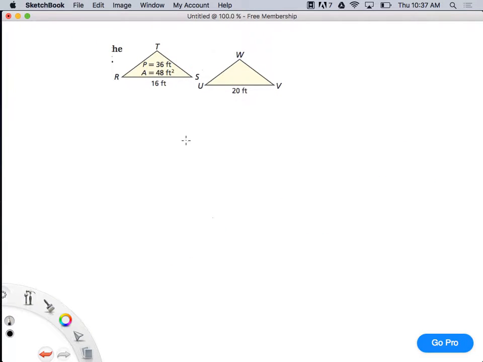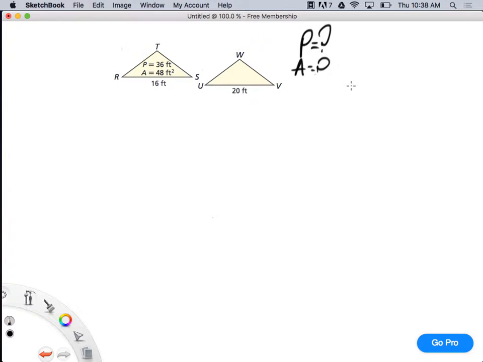Okay, so say you're given two triangles like this, all right? And I want to find the perimeter and the area of this one on the right. Are you guys paying attention? I'm given the perimeter and the area of this one, and I'm given the side length here and the side length here. Well, if I'm given these two sides, what can I figure out?